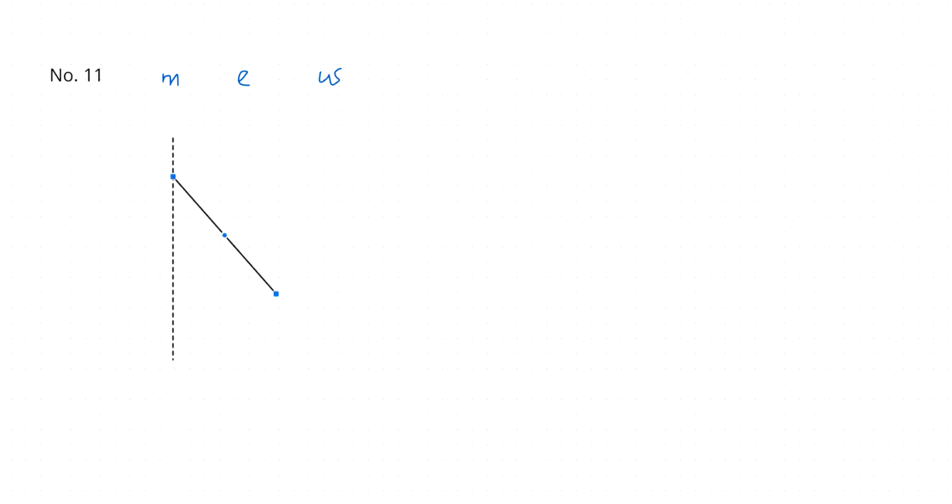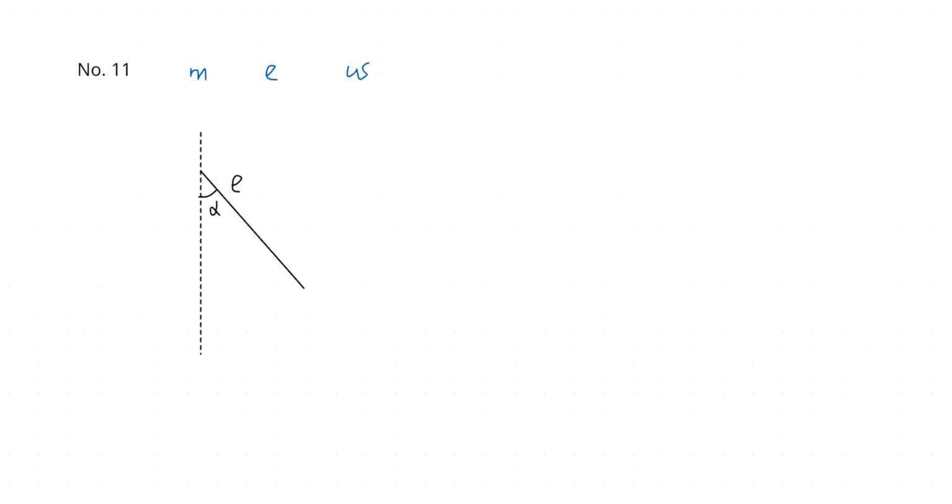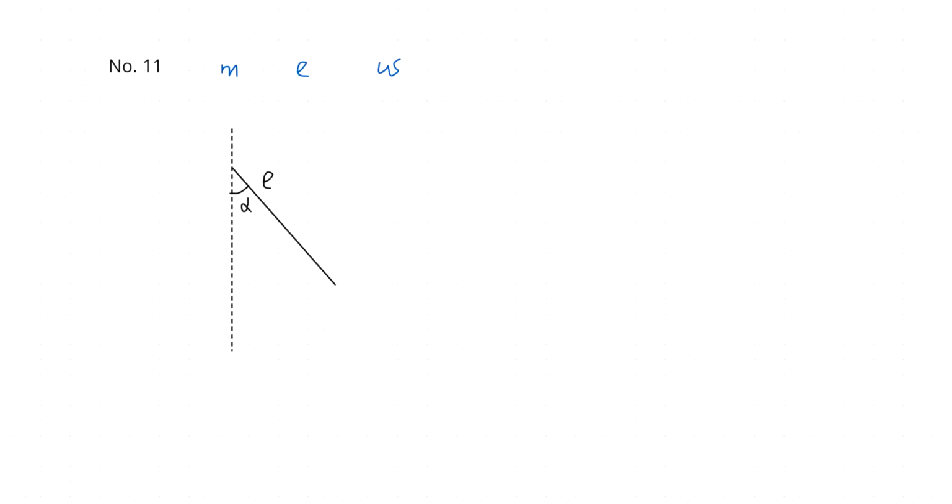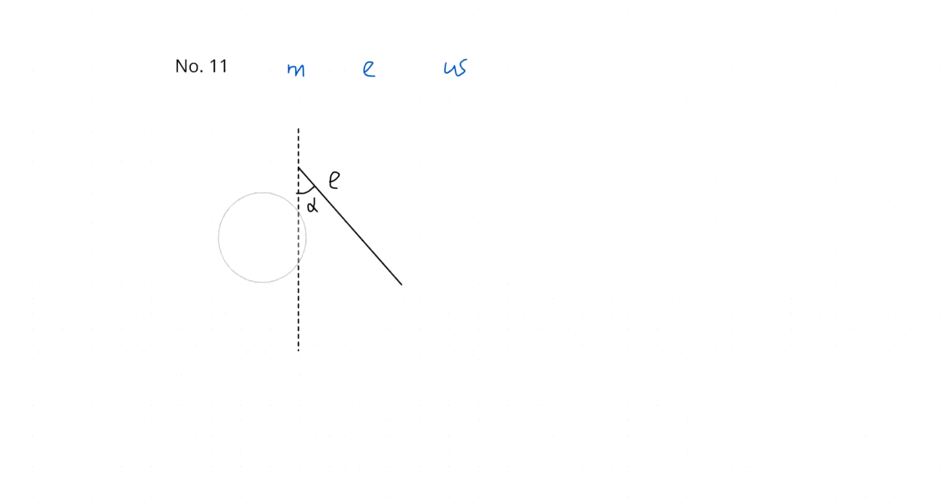According to the condition, it has length L, and this angle is some alpha. We don't know this angle, and it moves around a circle.